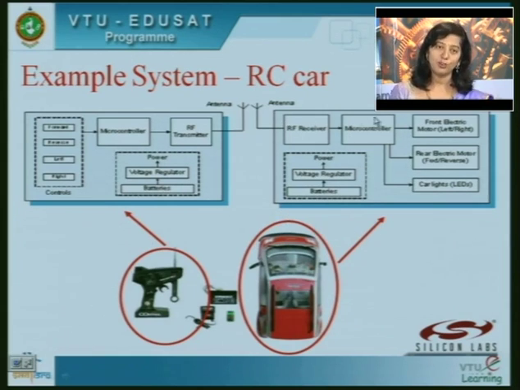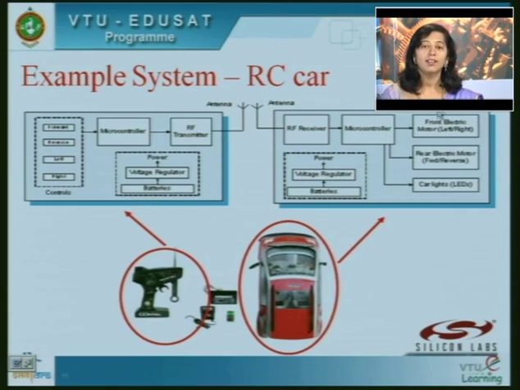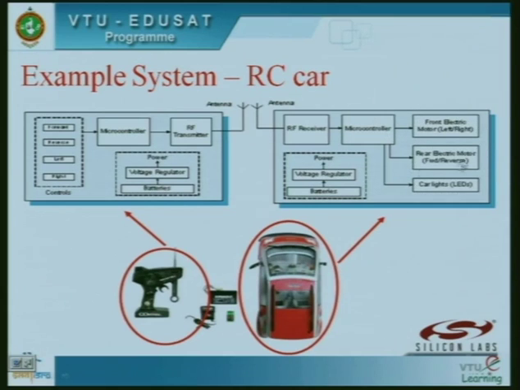If I have to go forward, it should move forward. So I have interfaced different electric motors here, front electric motor, then rear electric motors, then maybe switch on and switch off lights, sirens. So I need speakers, I need LED lights to be interfaced. All these things are interfaced on the car.